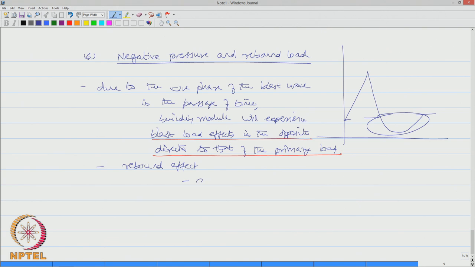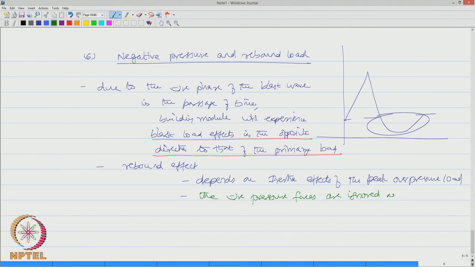This will be dependent on the inertia effects of the peak over pressure load. Fortunately, the negative pressure forces are ignored, as they are generally insignificant.